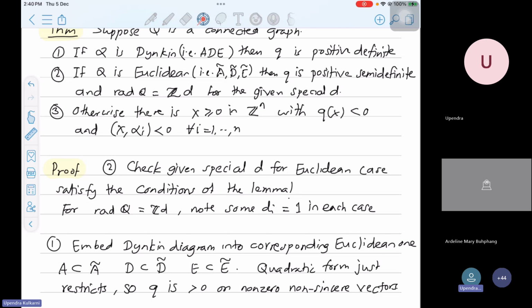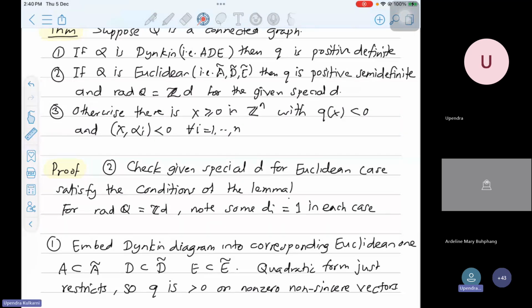The point though is that I then go to this extended diagram, and calculating the quadratic form of whichever vector I have in mind earlier is the same as calculating the quadratic form of the same vector regarded as a vector in Z^(n+1) with the extra slot 0. So q of x in A is the same thing as q of the same x regarded in A tilde.